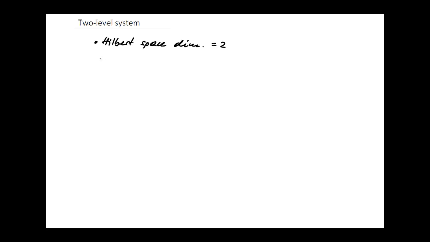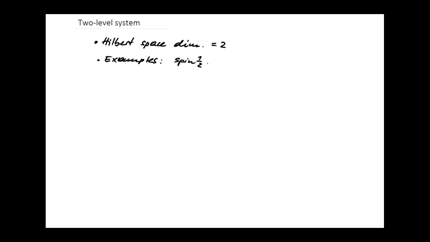And this is actually quite relevant because there are many physical systems that you can describe as two-level systems. For example, a spin 1/2. If you have an electron and you are only interested in the spin degrees of freedom, then you have spin up or down. It's a two-level system.